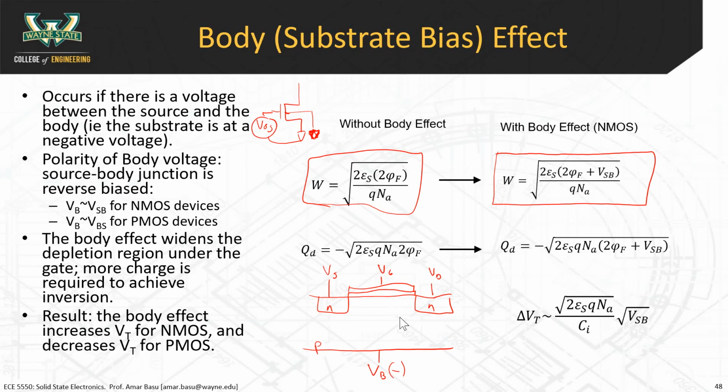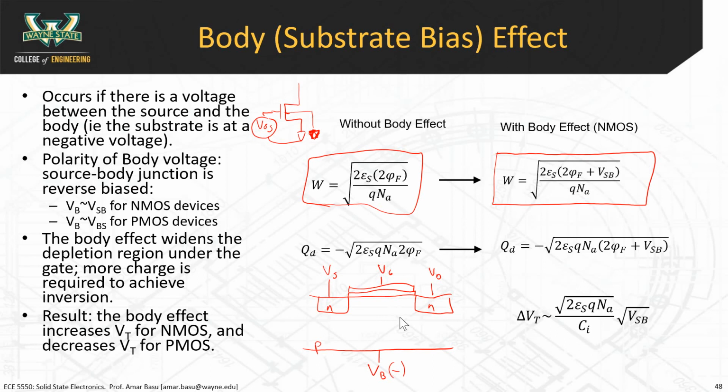As a result of more bending, it's going to create a wider depletion region. There's going to be more depletion charge in the body underneath the gate. As a result of more depletion charge, more charge is required to achieve inversion. So your threshold voltage is going to go up.